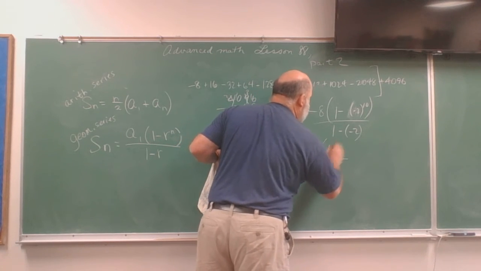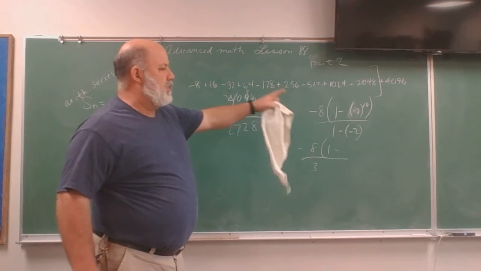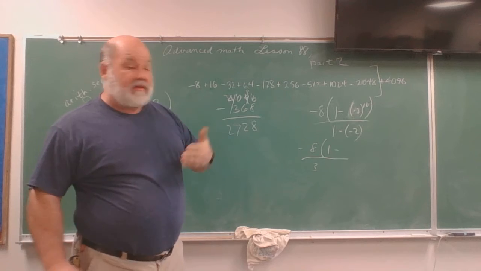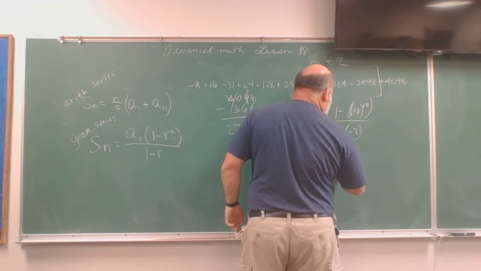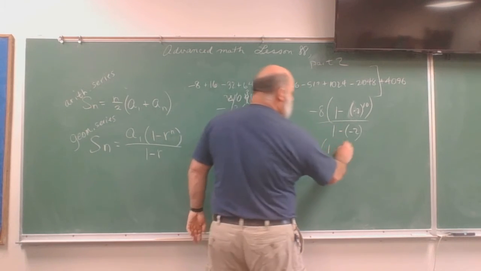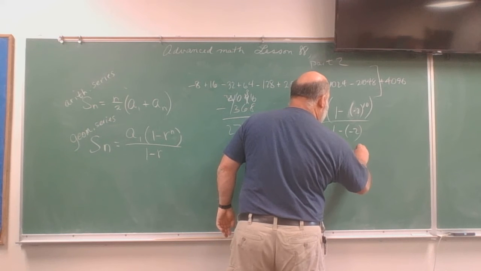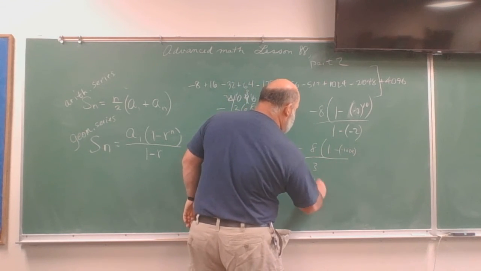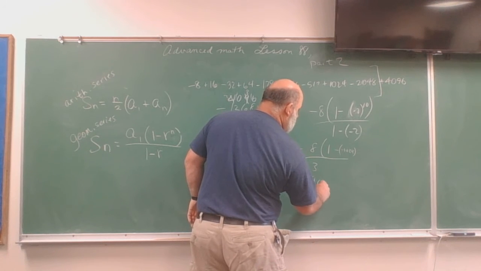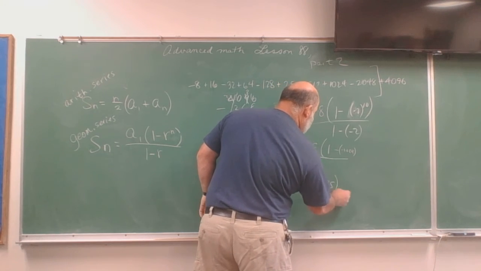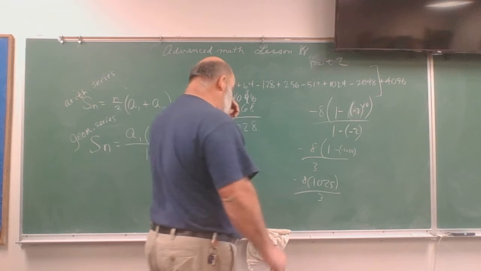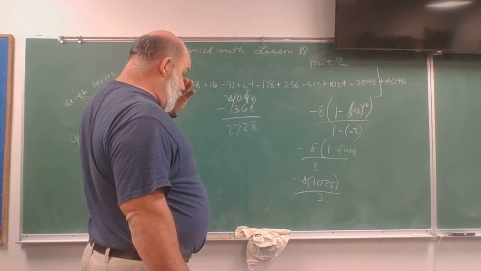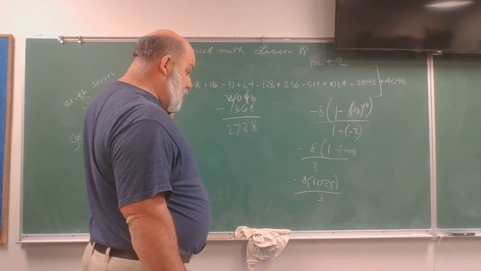This is 1 minus negative 2 to the 10th power, which is negative 1,024. So we're going to get minus negative 1,024, which is plus 1,024. Negative 8 times 1,025 divided by 3 is going to go in 340. No, I'm messing up.